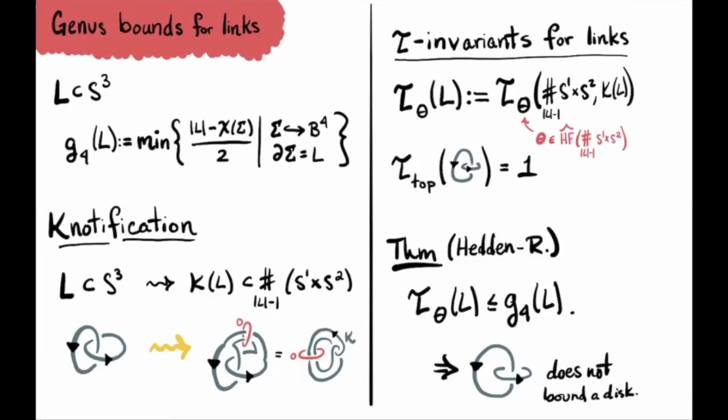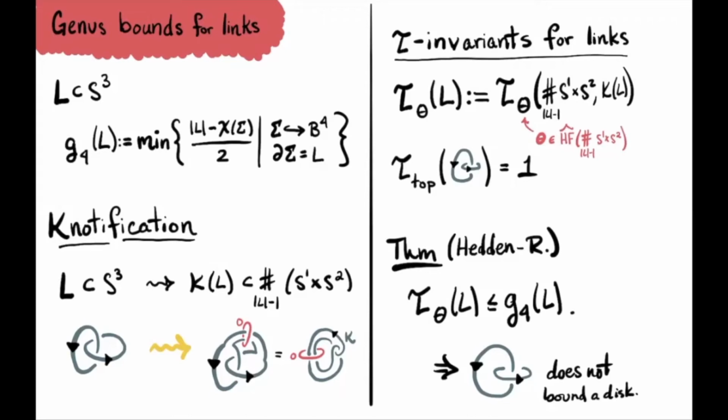I can define the 4-ball genus of a link to be the minimum of the number of components of the link minus the Euler characteristic of sigma over 2, where sigma is some surface in the 4-ball that has boundary our oriented link. Okay, and what I'd like to do is use our tau invariants that we defined to construct genus bounds for links. So the tau invariants that we defined before are only defined for knots.